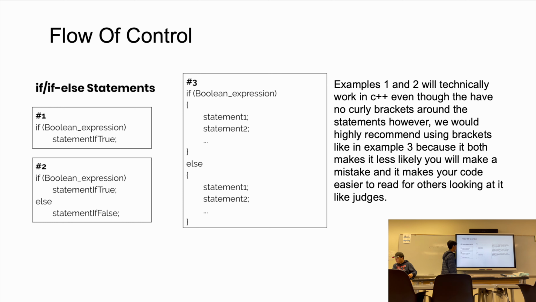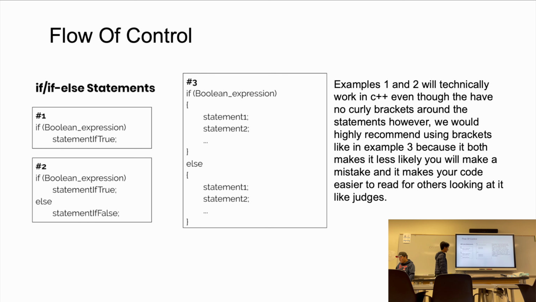We recommend using the brackets for a few reasons. One is that it makes your code easier to read, and it prevents mistakes, because if you don't have the curly brackets and you decide to write more, like 10 if statements, they get mixed up a lot.